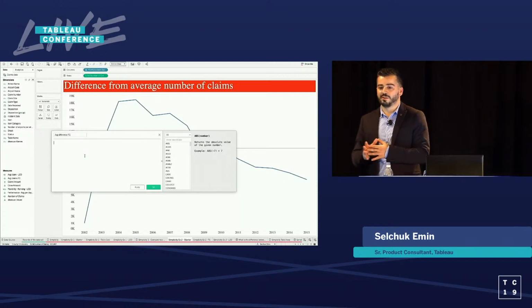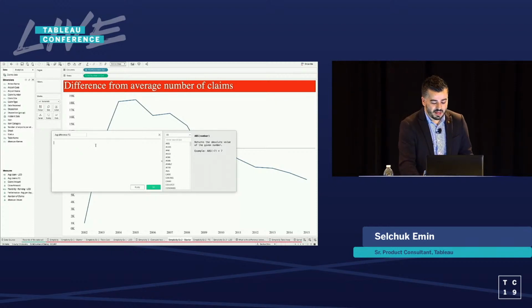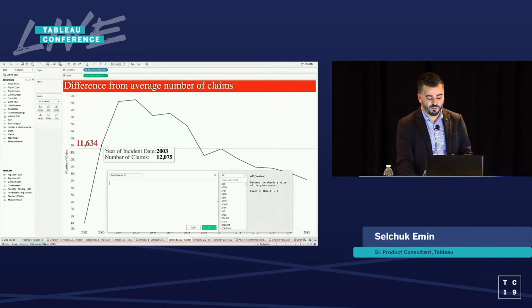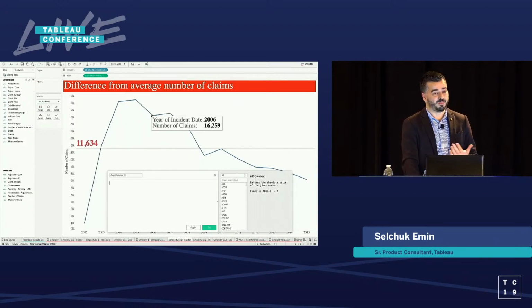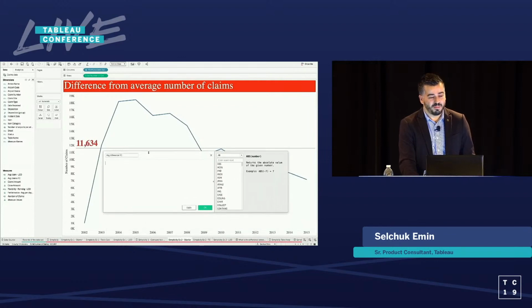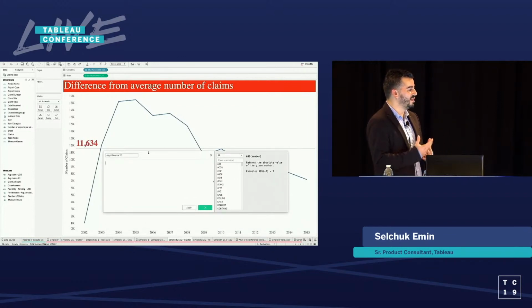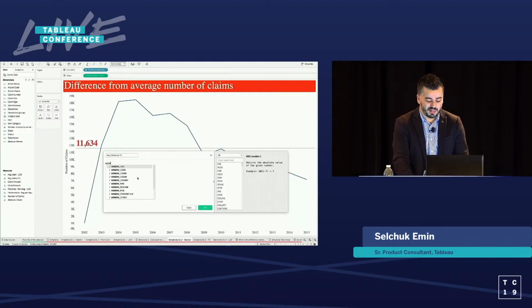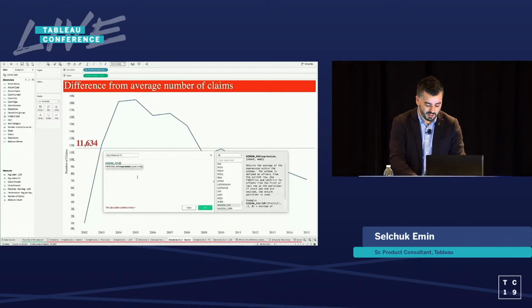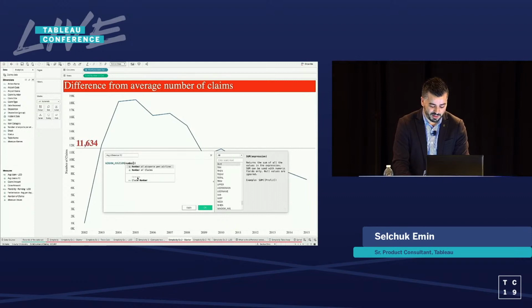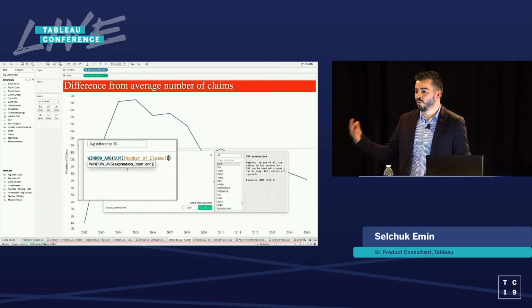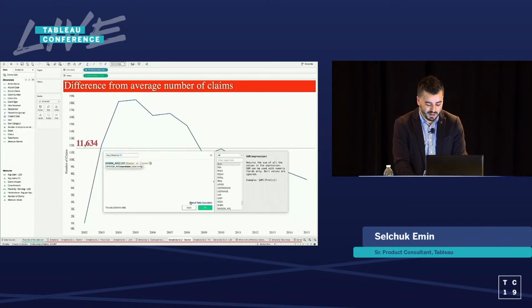The calculation itself will be exactly the same. So if you look at what we have on the screen already, we have the numbers of claims displayed. What I'm missing is the average of these numbers. And if you remember from the first example, that was a really easy calculation of window average and looking at the sum of number of claims. So it's exactly the same calculation that we used with example number 1.